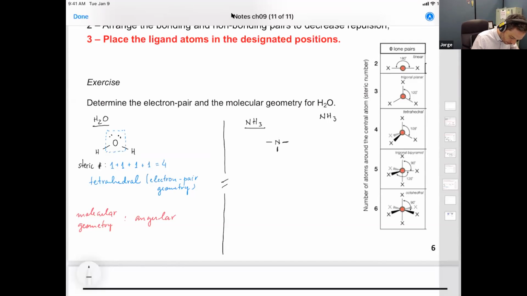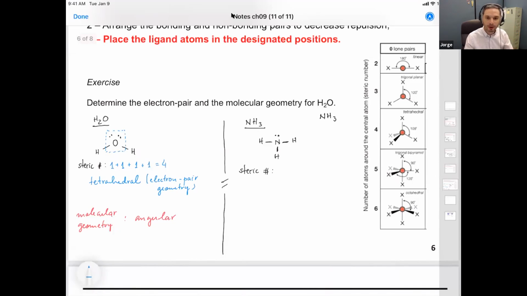We know from Clark's rule that we only have single bonds and there is a lone pair located at the nitrogen atom. Okay, so first step in the determination of the molecular geometry is to determine the steric number.